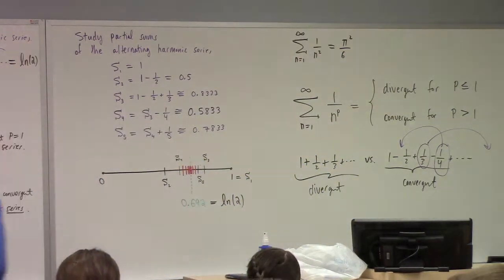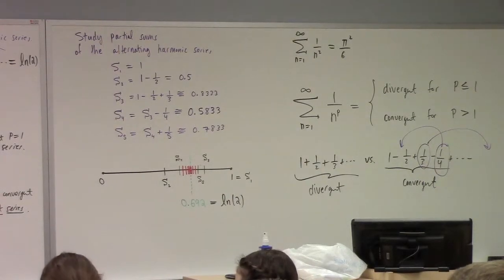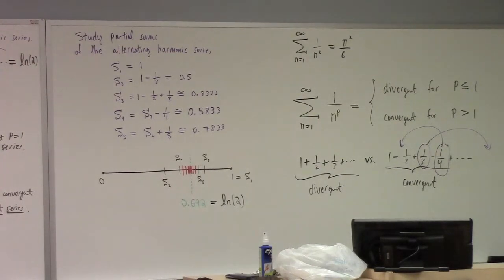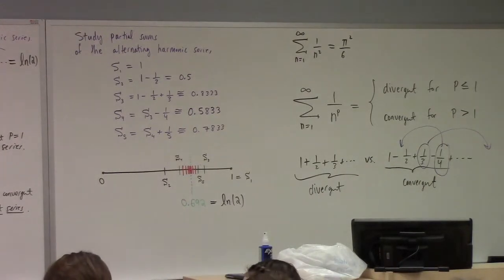So the error is bounded by the next term you haven't used. It's just that. No integral. I mean, what could be simpler? This is the alternating series estimation theorem. And the proof is really no different than my example 2, just done in the abstract, okay?